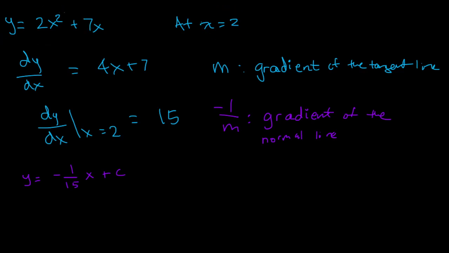So in this case, we're going to get y equals 2 times 2 squared plus 7 times 2. So this is going to be 4 times 2, 8. 8 plus 14, that's going to be 22.